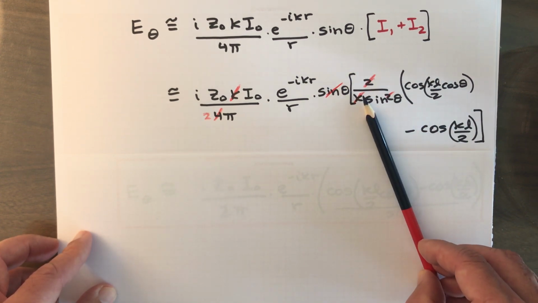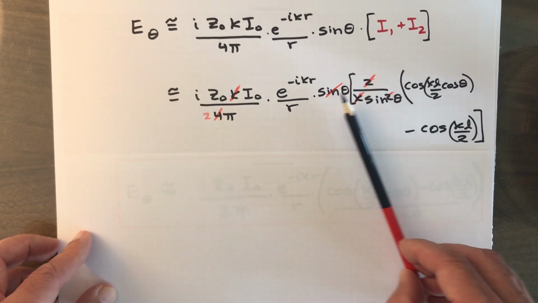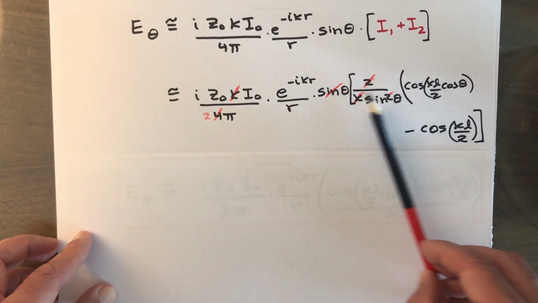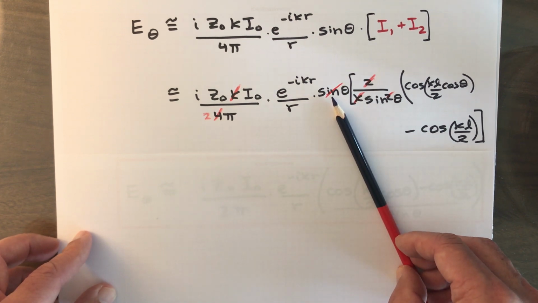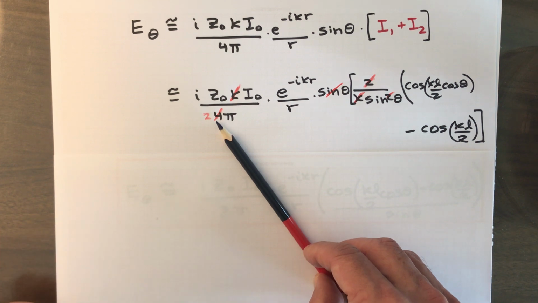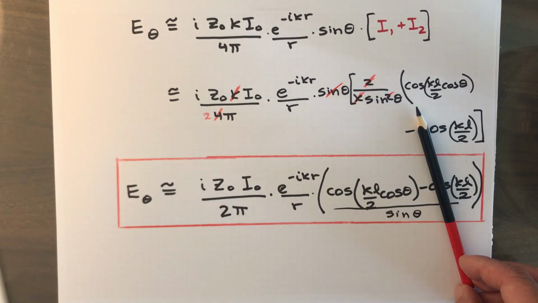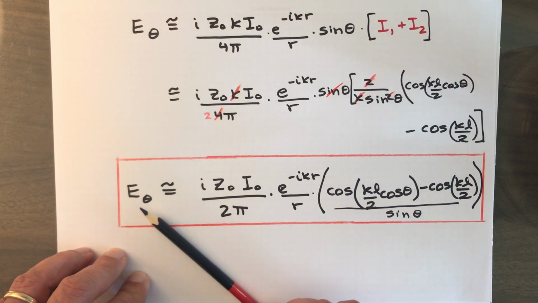We notice that immediately k cancels in the denominator and numerator. Sine squared, one of the sines cancels in the denominator, and it cancels altogether in the numerator. 2 cancels here and gives us a 2 left behind. Once we have that, we write down the expression for the finite dipole electric field.